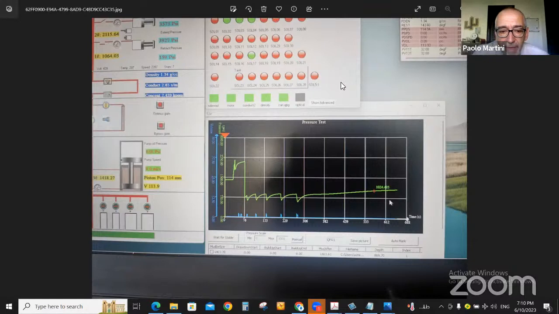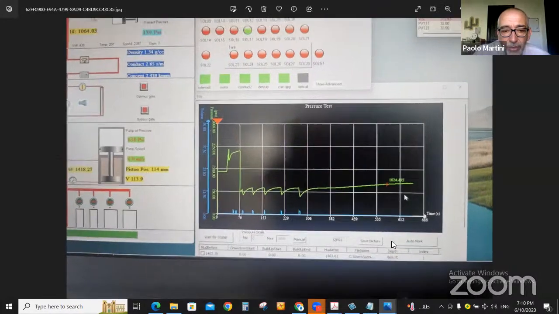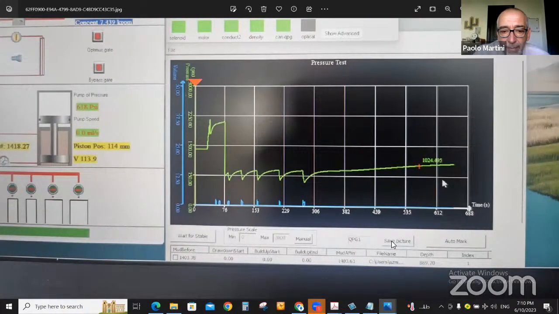After the packer is set, it drops, and after the first pretest is done, it drops and starts climbing. Then there's a second pretest, a third pretest, a fourth pretest, and a fifth pretest.